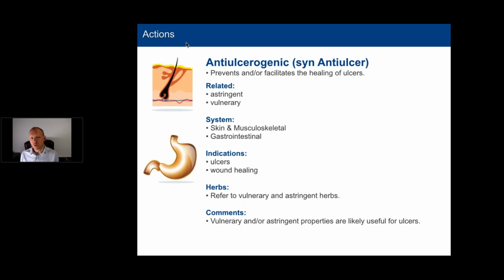This action is associated a lot with astringent and vulnerary herbs because if you have an ulcer that won't heal, often things that have an astringent nature will create a protective barrier, like a new layer of skin on top of it, and then the vulnerary phytochemicals will help speed it up. So they kind of work in conjunction with one another.